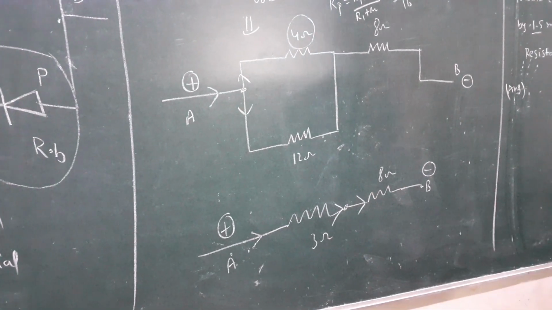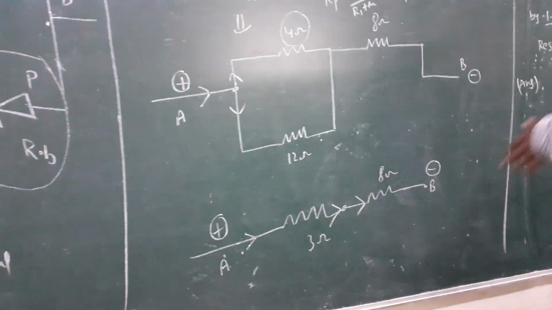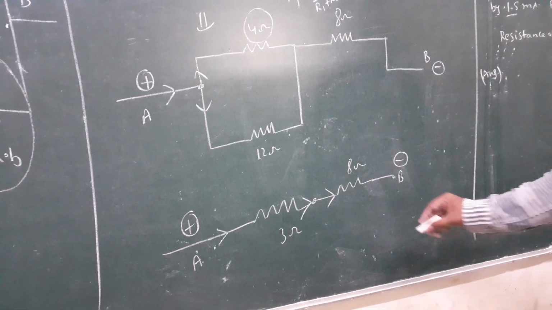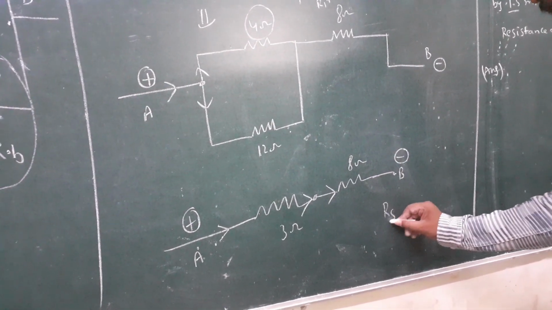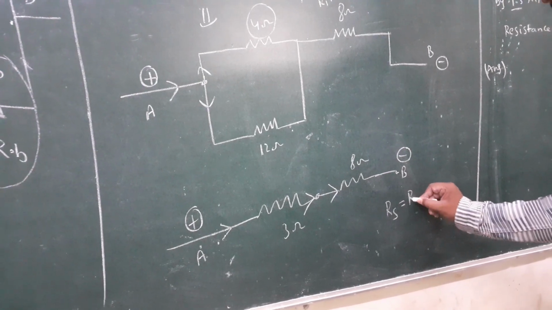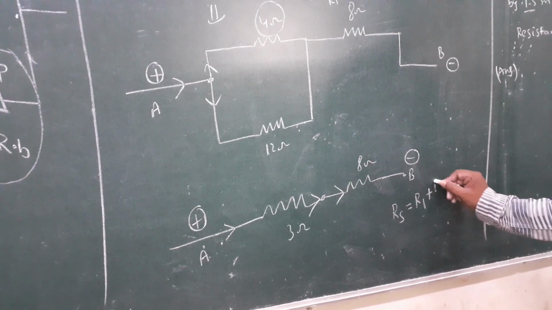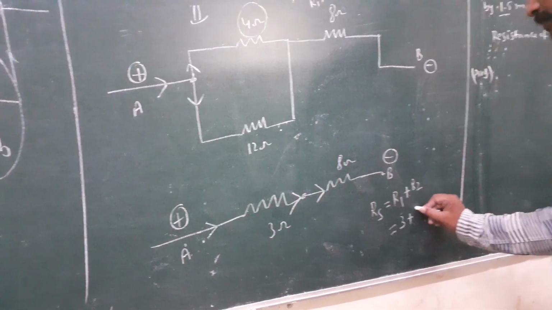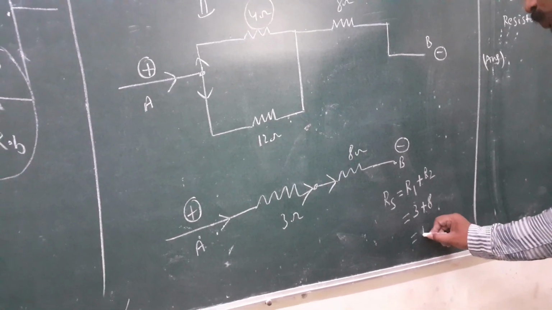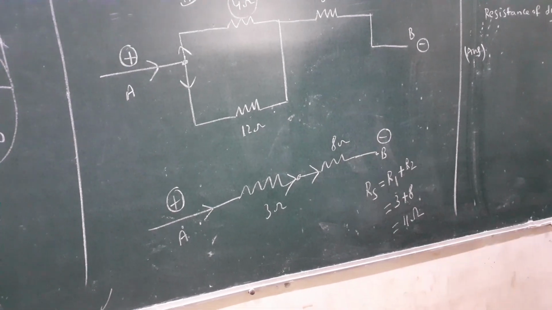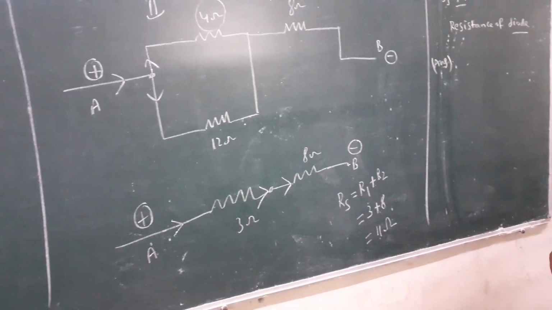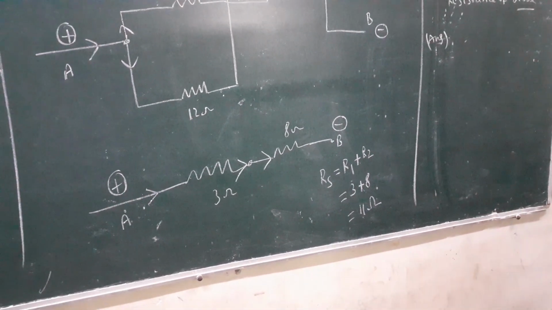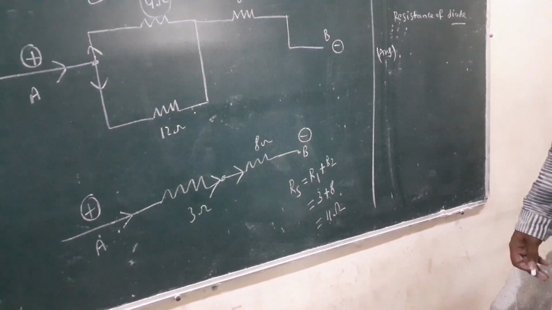Looking at the diagram, current flows continuously, which means series combination. According to series, RS equals R1 plus R2. That means 3 plus 8 equals 11 ohms. Finally, we get the effective resistance, 11 ohms.